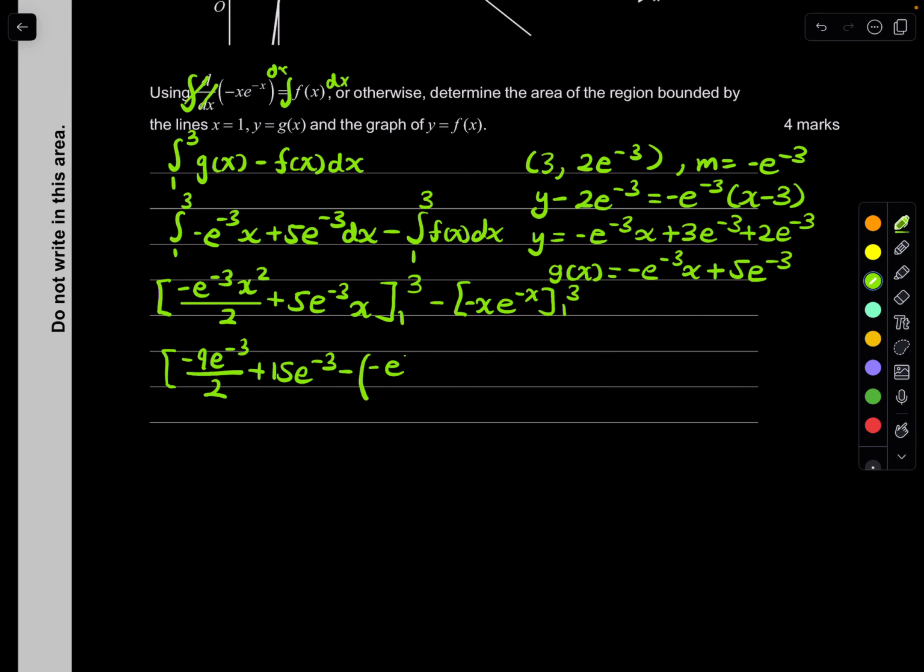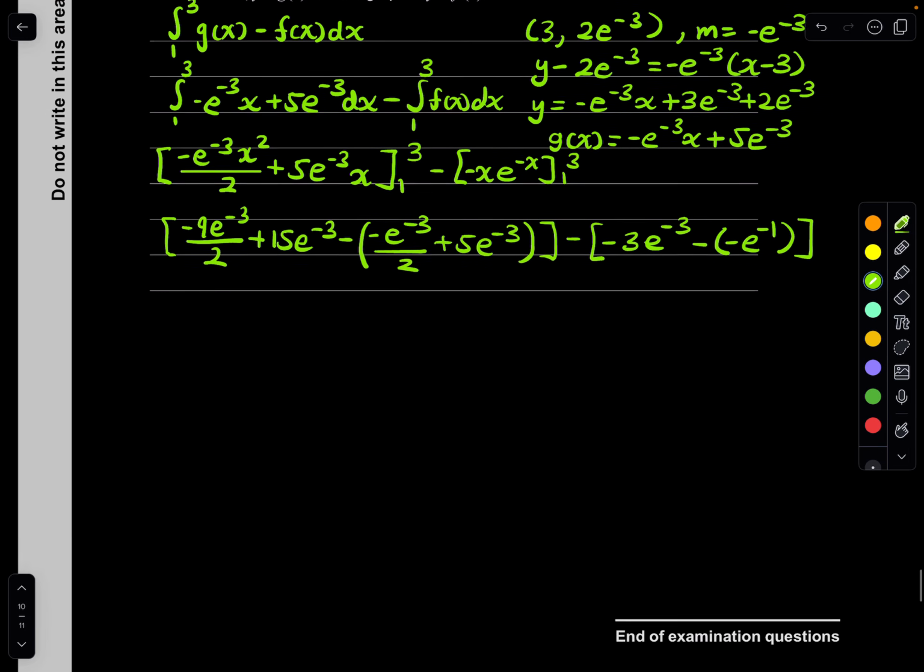So negative e negative 3 divided by 2 plus 5e negative 3. Close the bracket there. Minus, now we sub in 3 to the other one, so negative 3e negative 3. Minus, just be careful, there's a lot of algebra here, so you don't want to make mistakes. Negative e negative 1. There it is.